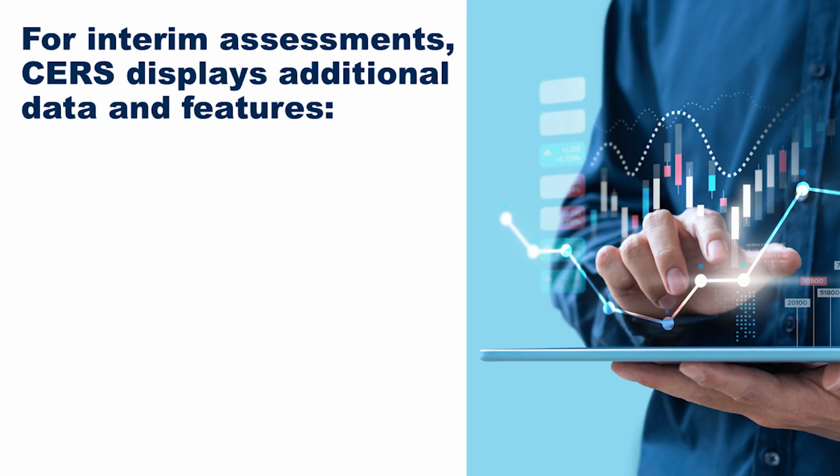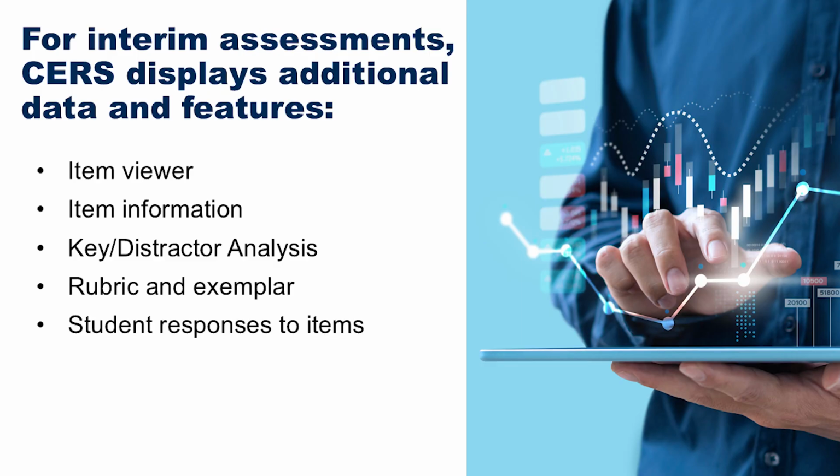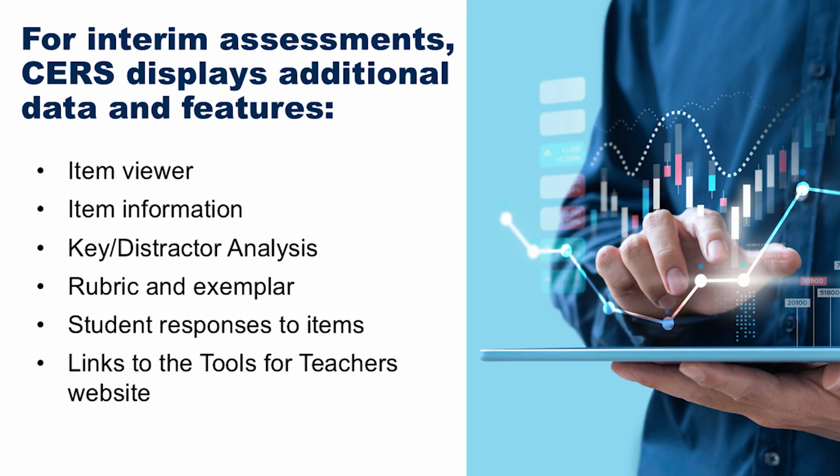For interim assessments, additional data and features are available, including the item viewer, which displays the question or task presented to the student, item information, for example, the standard, claim, and depth of knowledge, a key and distractor analysis, which includes an answer key and displays the number or % of students that have chosen each answer choice, rubric and exemplar information, student responses to items, and links to the Tools for Teachers website, which serves as the formative assessment component of our assessment system.